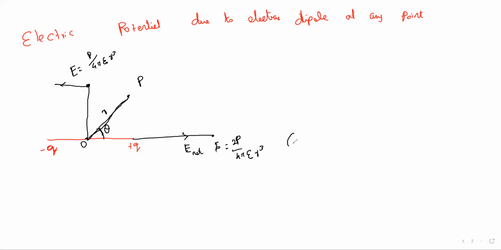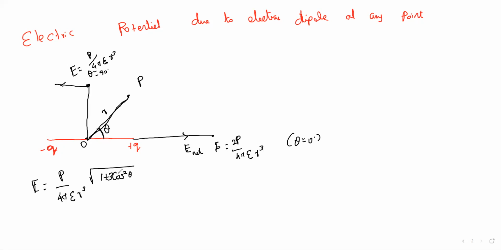So here the angle is 0 degree, here the angle is 90 degree, and we didn't derive the electric field intensity at any point from the dipole, but the formula is p by 4 pi epsilon 0 r cube into the factor 1 plus 3 cos square theta.